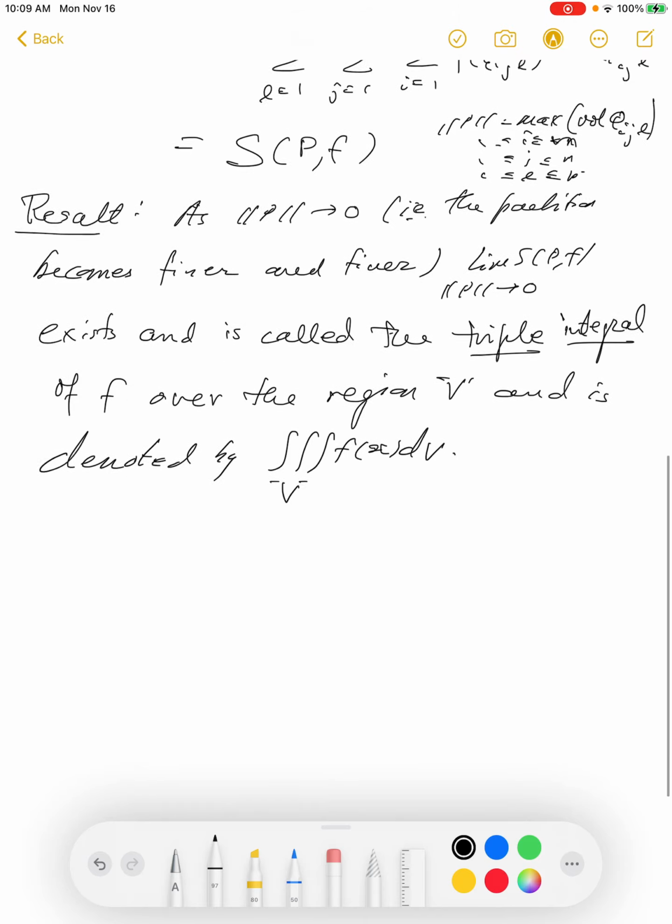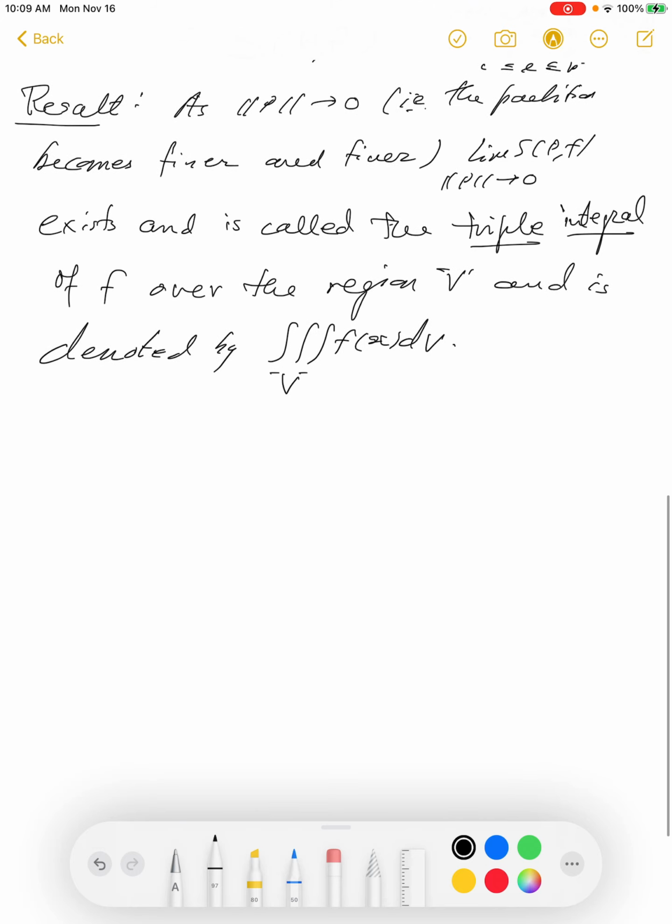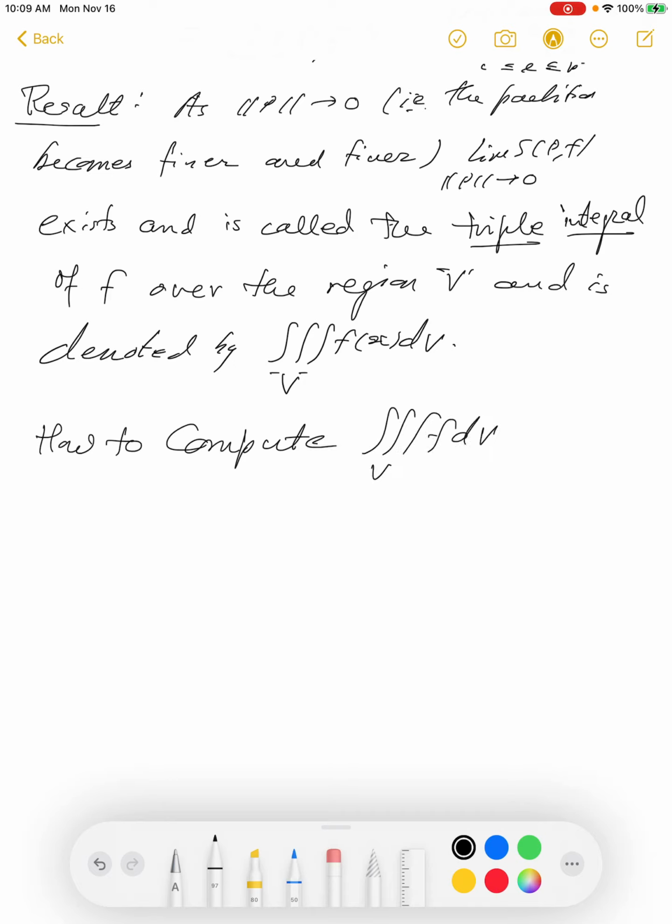Good. So now the question is again, as in the case of double integrals, how to find it, how to compute, because this definition is of no use when it comes to computation. So how to compute this triple integral of f dV.